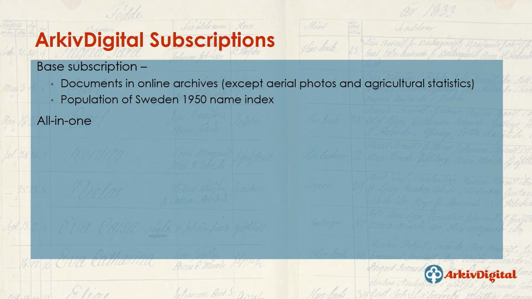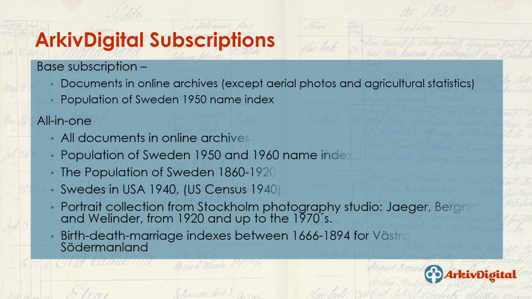The all-in-one includes all the documents, the population of Sweden 1950 and 1960 name indexes. It also gives you the population of Sweden 1860 to 1920. You can also look up ancestors, the Swedes in the USA 1940. What it does, it will point you to the page and the information from the 1940 US Census.